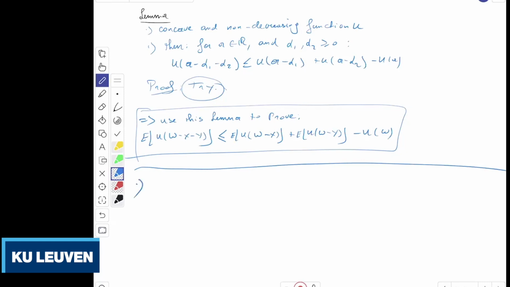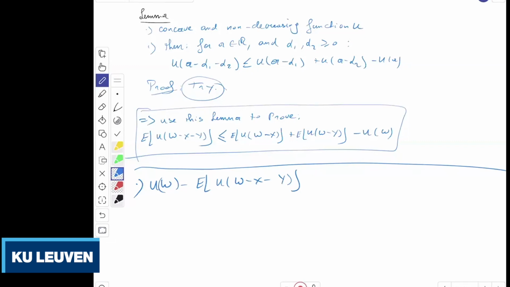Assume that you are adding the risks X and Y simultaneously to your portfolio. Then, as I explained before, u(w) minus this expected utility. So you're not facing any risks, so your utility is u(w).